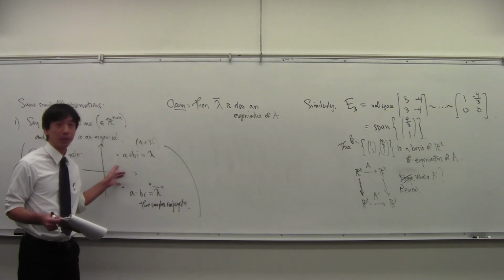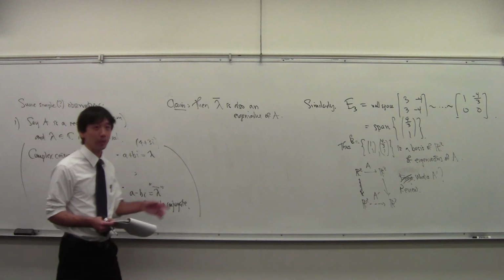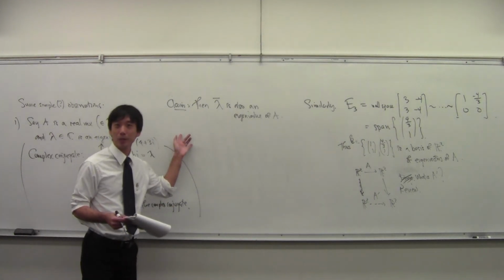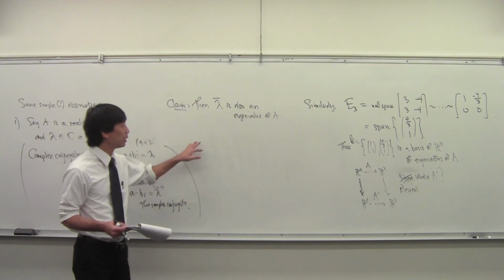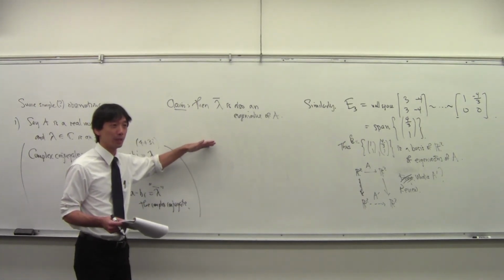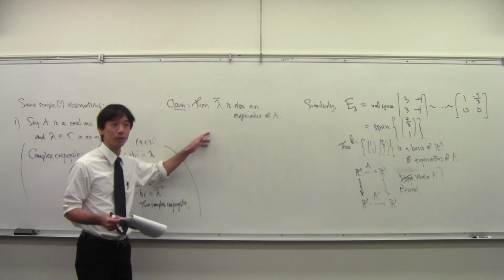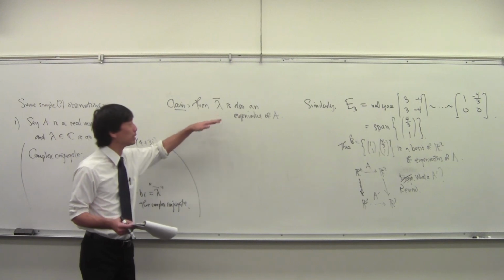Those of you who've seen the complex conjugate before, where have you seen it? Maybe when doing quadratic equations. You know that if you have a complex root, then the complex conjugate is also a root, and this is basically that.